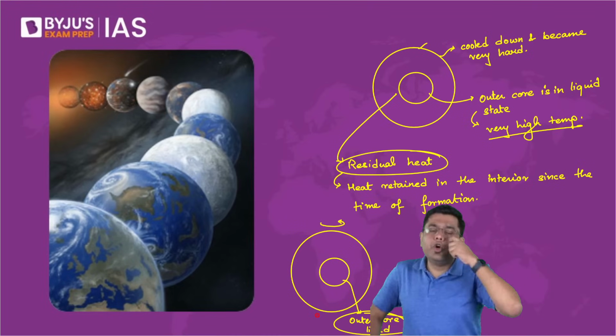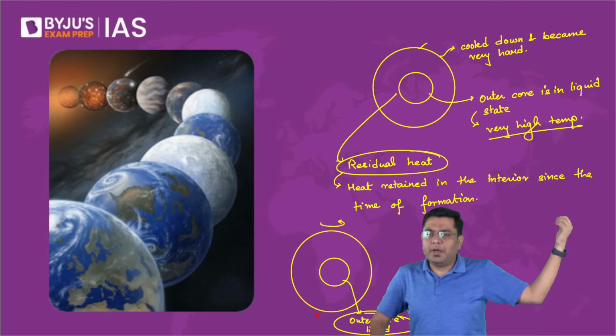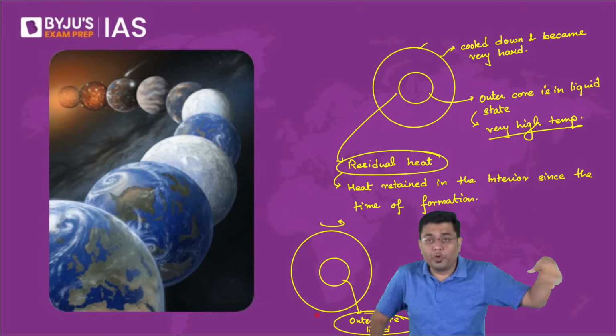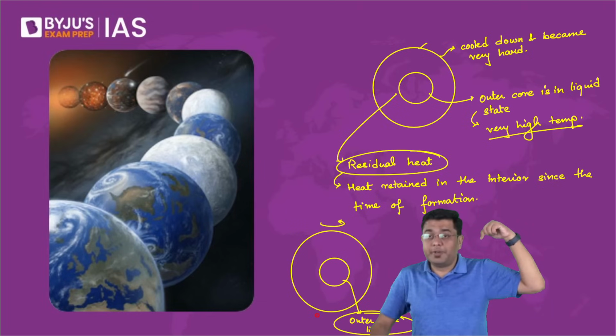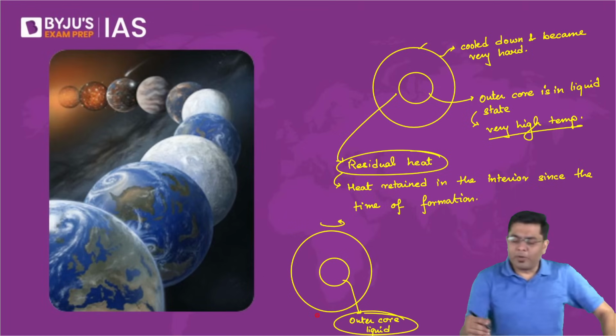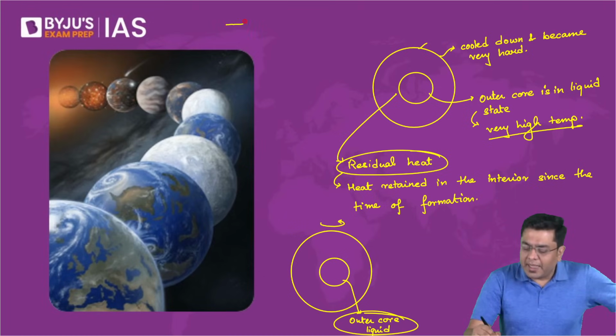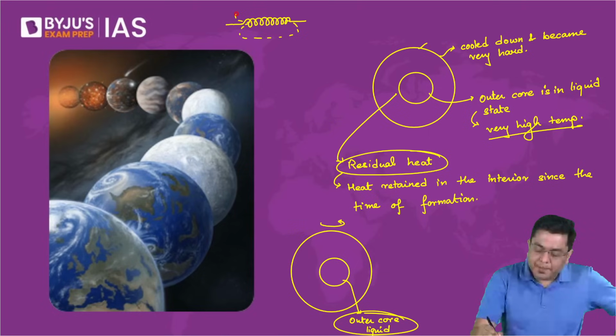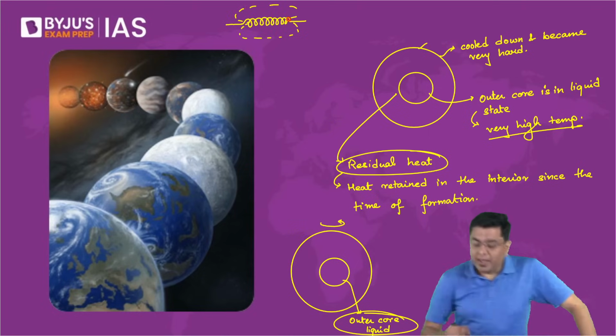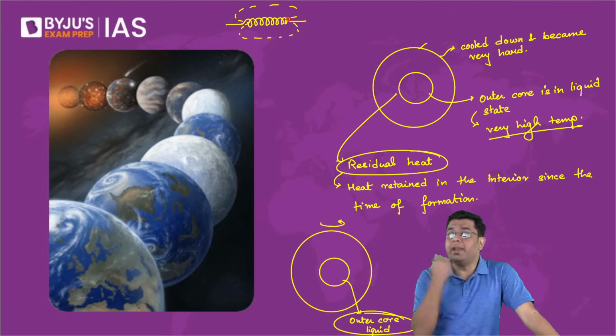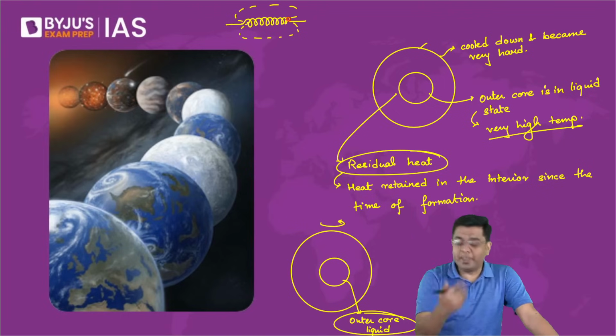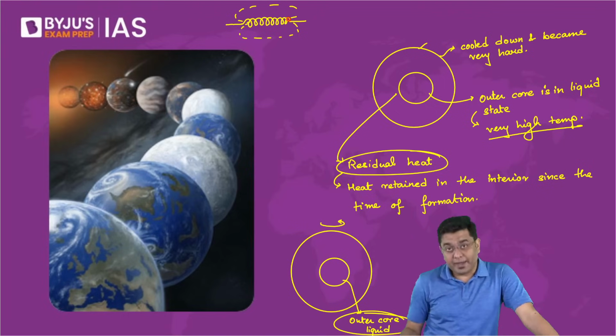Just like a solenoid in physics that you would have studied, or in electromagnetism, you would have studied that when electricity passes through a coiled structure like this, it is enough to produce a magnetic field, isn't it? Similarly, iron and nickel keep on rotating along with the planet, and that produces a magnetic field.